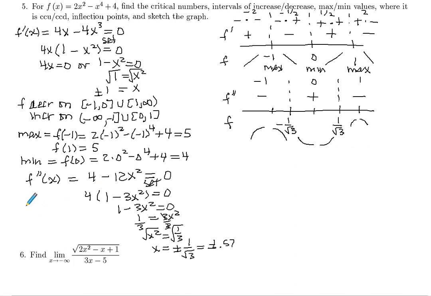Let's list our intervals. F is concave up on negative 1 over root 3 to 1 over root 3. And it's concave down on this interval here, negative infinity to negative 1 over root 3.